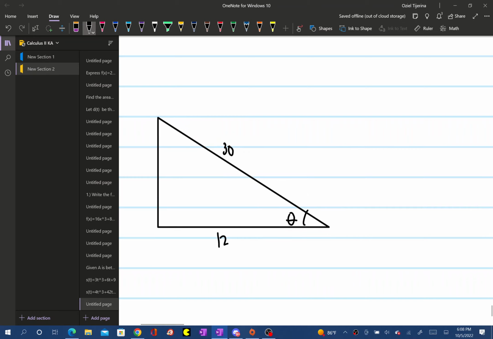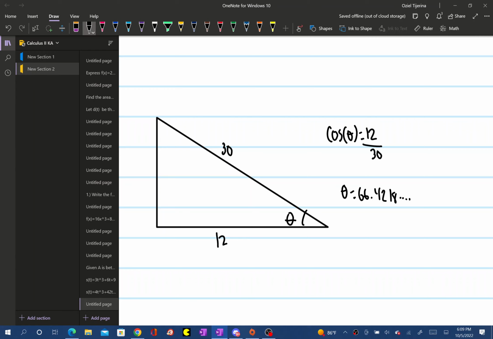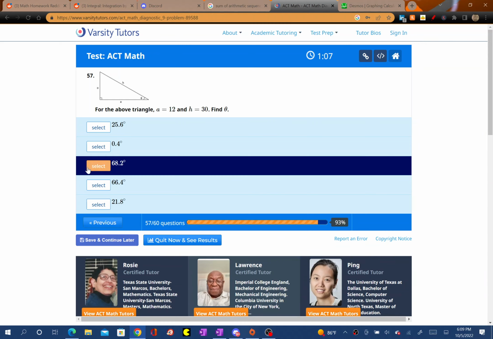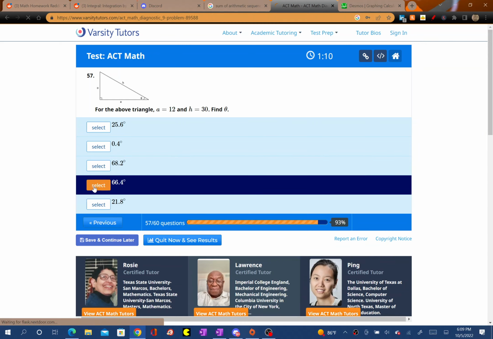So cosine theta can be 12 over 30, so if we do the inverse of that, cosine inverse, that'll be 66.4218, so it'll be approximately 66.4 degrees.